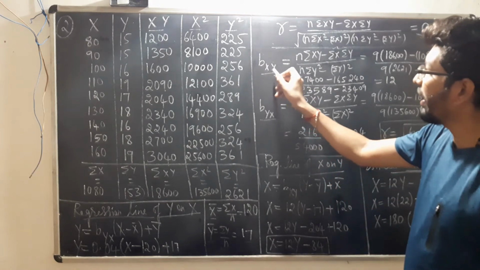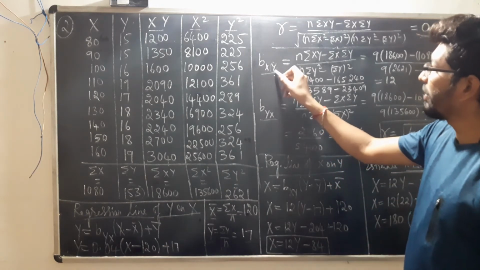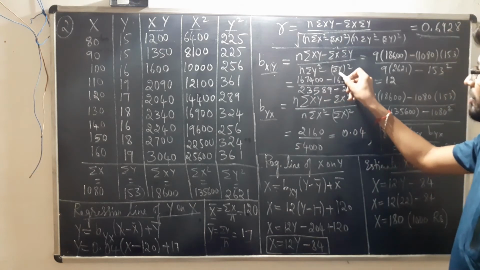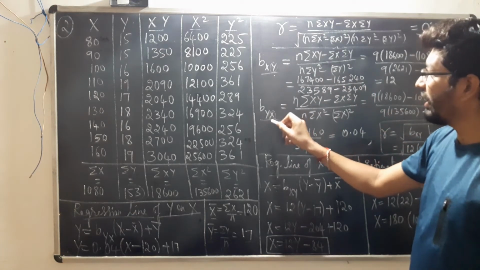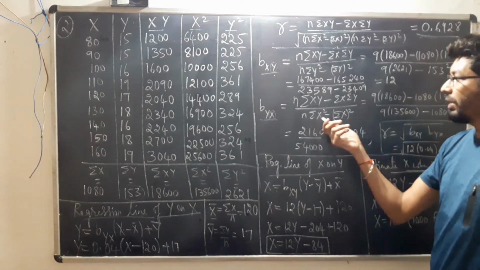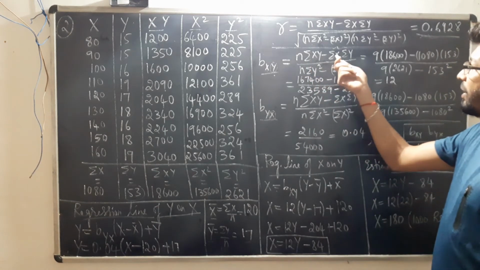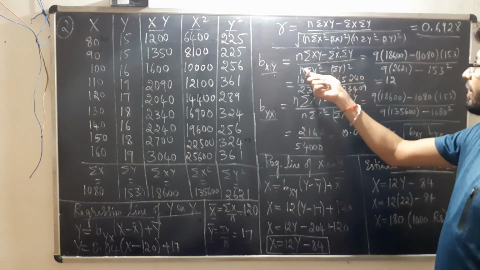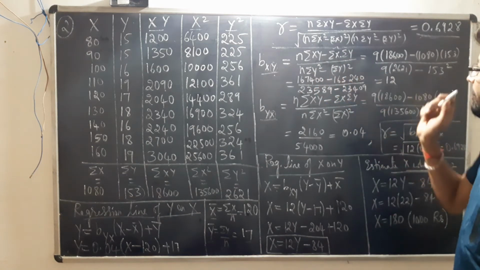So when I write bxy, y is the second term here, so the denominator contains the terms with y, and here I have byx, so the denominator formula contains the terms with x. n sigma xy minus sigma x into sigma y divided by n sigma y square minus sigma y whole square.